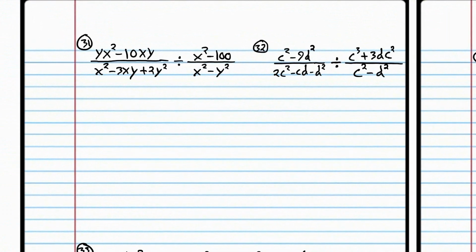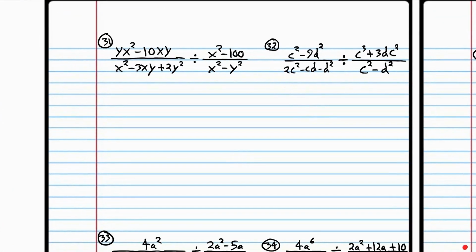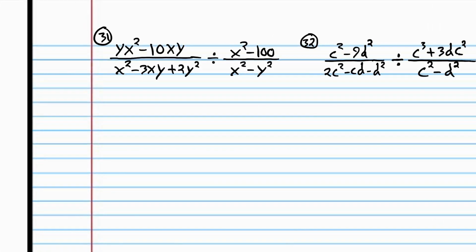Now we have more than one variable. So let's try this one together, just in case you forget how to deal with multiple variable problems. All right, so we flip the divisor, change to multiplication.